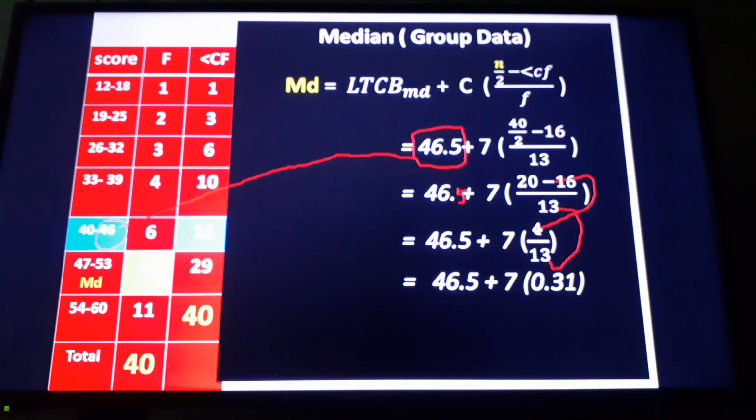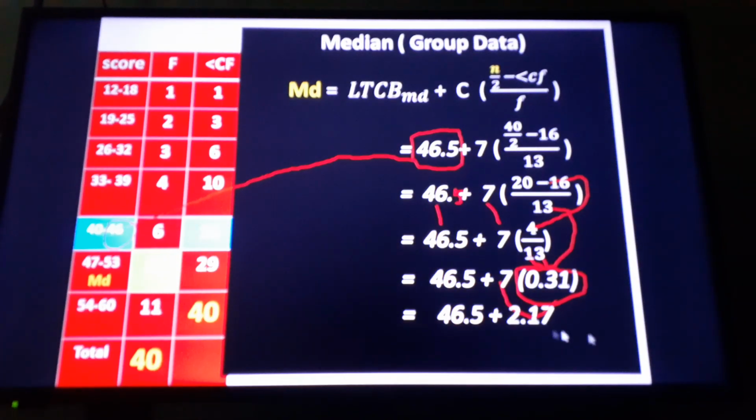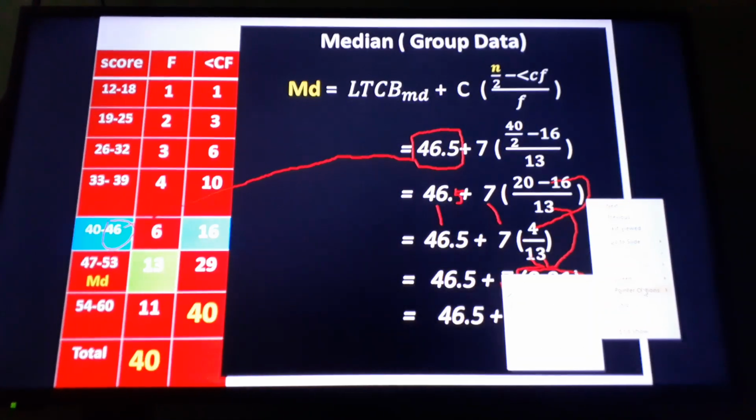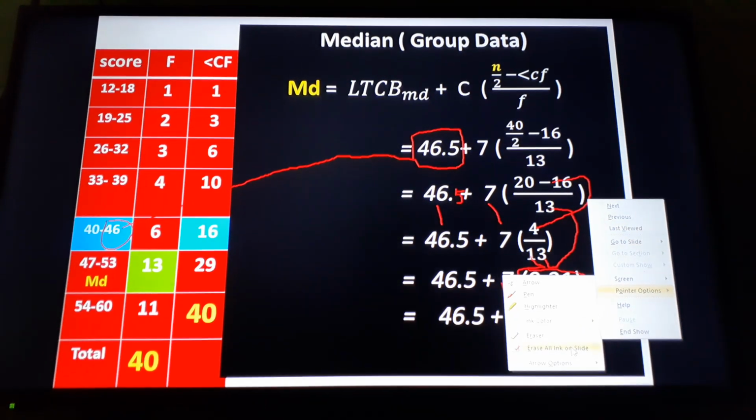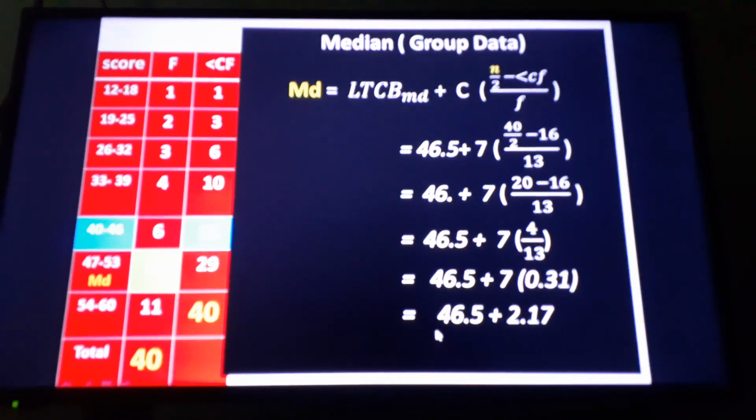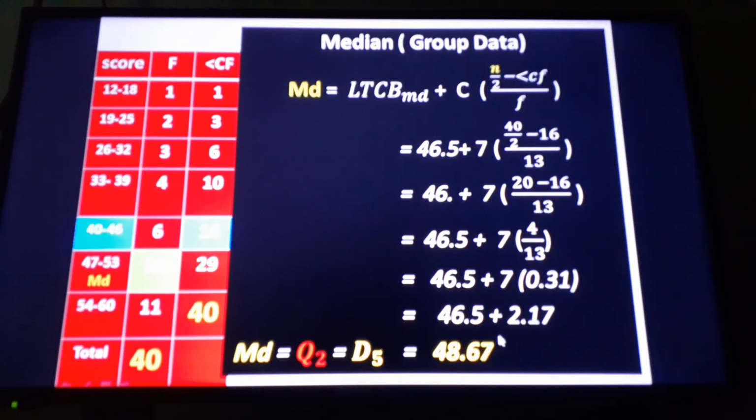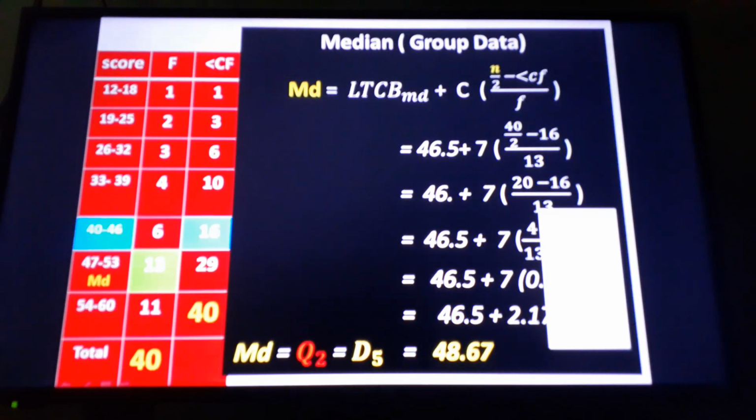You have now 4 divided by 13, that is equal to 0.31. And multiplied by 7, that is equal to 2.17, then added by 46.5, that is equals to 48.67.